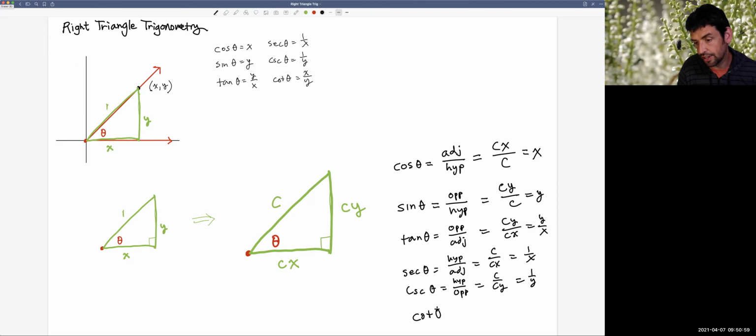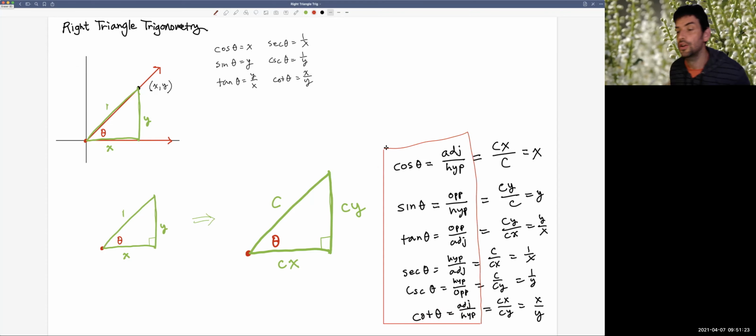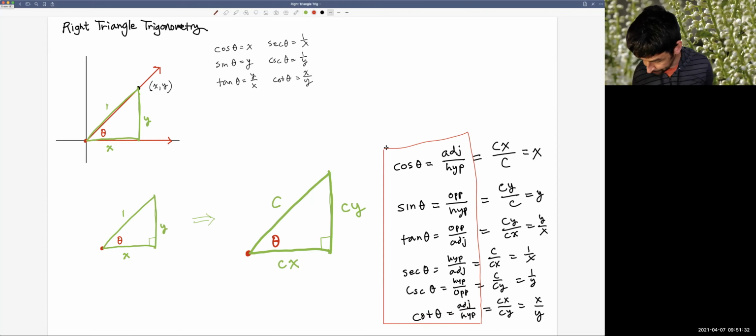And cotangent theta is going to be the adjacent over the opposite, which is going to be cx over cy or x over y. So with these perhaps more familiar definitions, we see that the exact same values will emerge that we got when we dealt with this in terms of the unit circle.